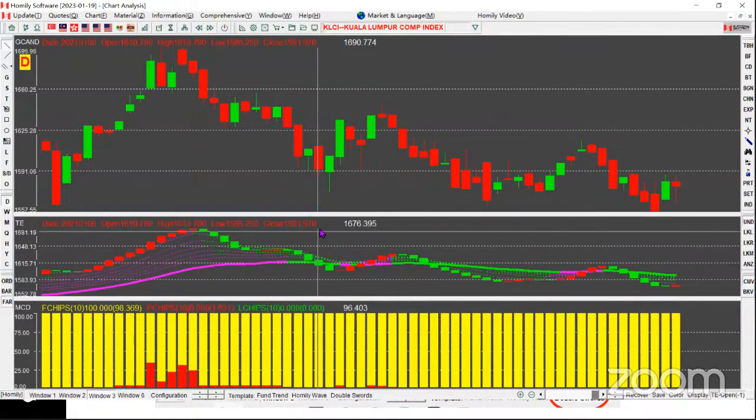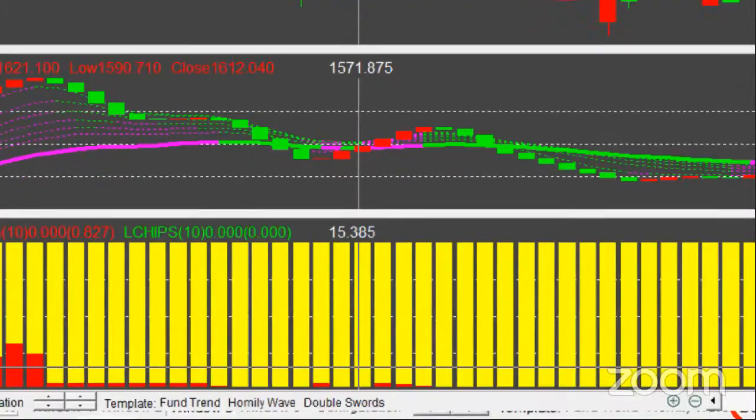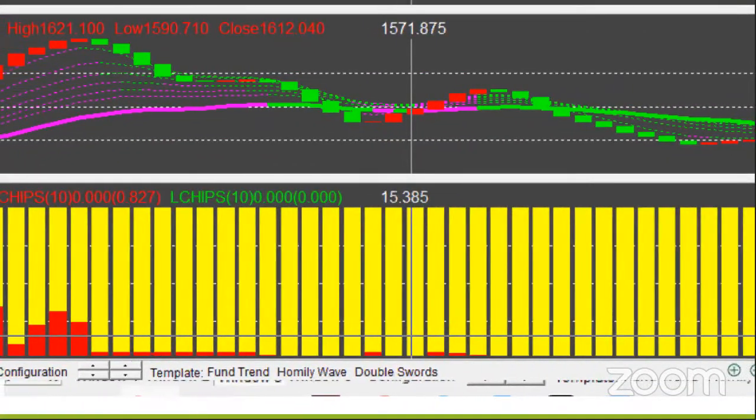No matter which chart you open, at the bottom there are templates here, and today we're going to learn the function called double source, here, the third template. Actually, this function is more for long term. Homely wave is more for mid-term. So today, double source is more for short term, the short term trading template.